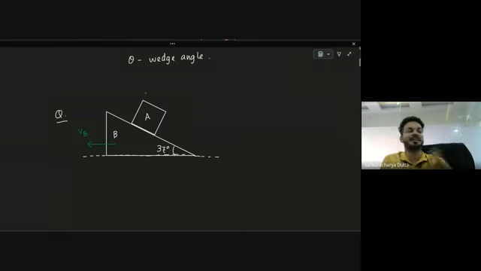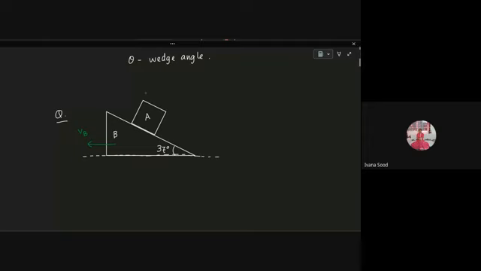There's no point giving you that explanation right now; this should be intuition based. If that block is sliding down, there's no way block B will go on this side, because A is sliding down in this direction, so obviously B will try to escape the other way. Maybe practically I can show you when we meet in school. I will bring a wedge with me.